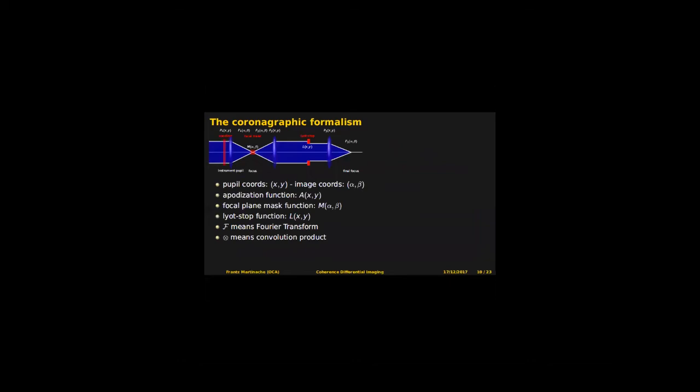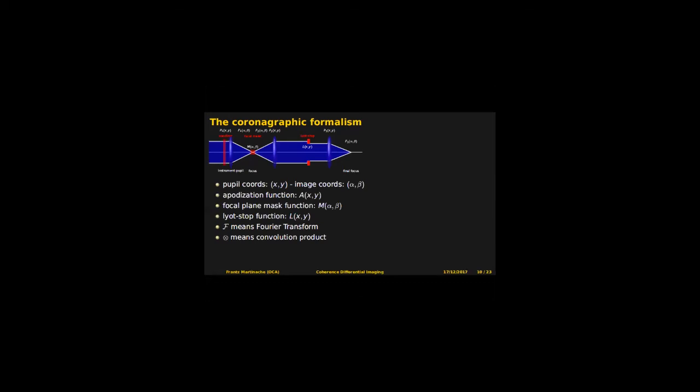I have to provide you with the means of reproducing what I just showed you here. I suppose you will have access to those presentation slides anyways. You have the way you can parameterize the system using a specific set of coordinates for what's happening in the pupil, what's happening in the image, and what's happening in the Lyot plane.